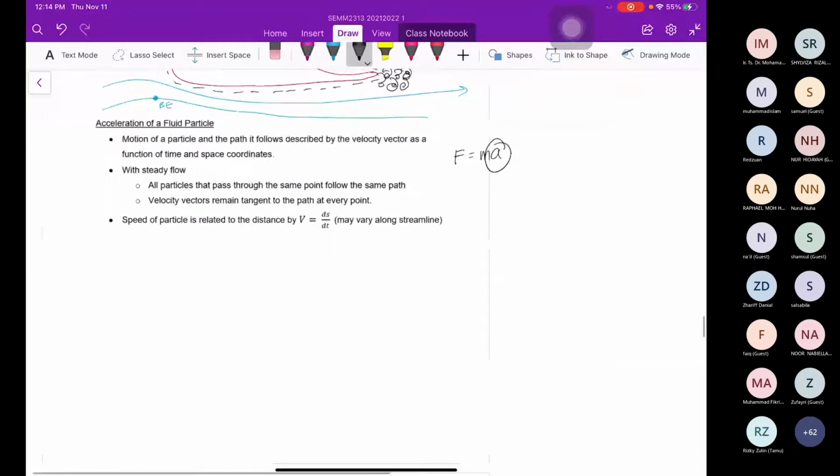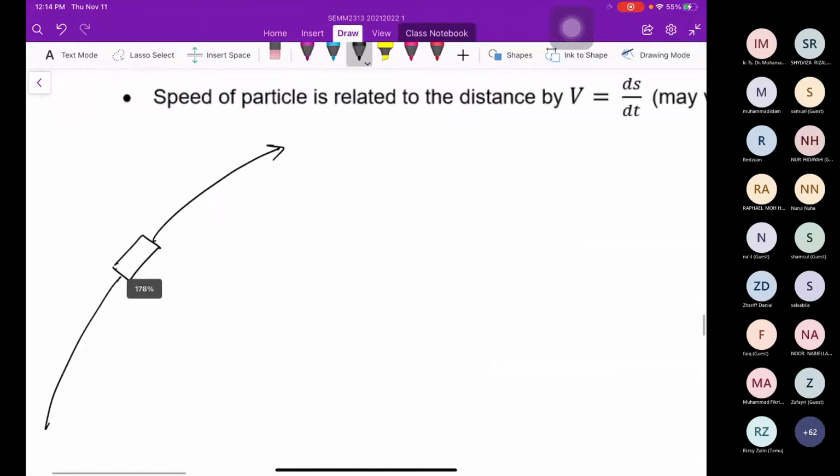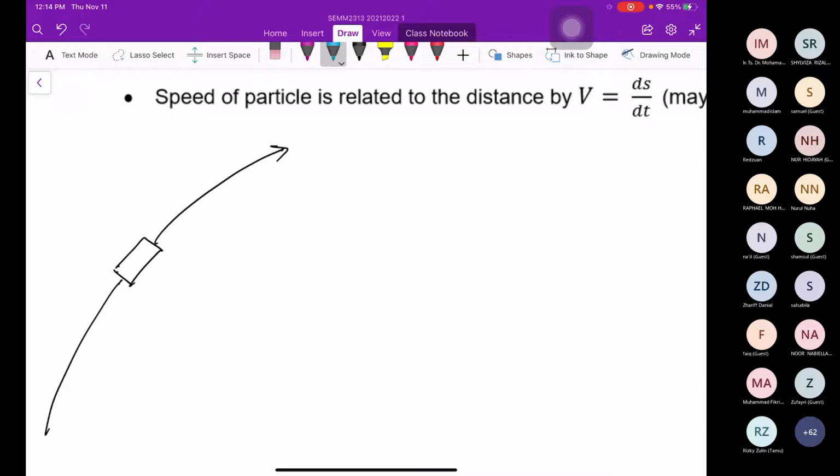Let's say we have a fluid particle moving in the streamline direction. This is the fluid particle from here, moving here, let's say by ds.